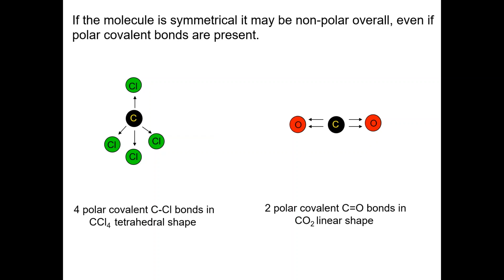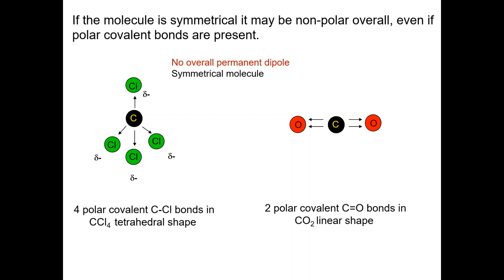However, if the molecule is symmetrical, it may be non-polar overall, even if polar covalent bonds are present in the molecule. So to take carbon tetrachloride as an example, we have polar covalent bonds here between the carbon and the chlorine. This will generate partial negative charges in the chlorine atoms in this molecule.